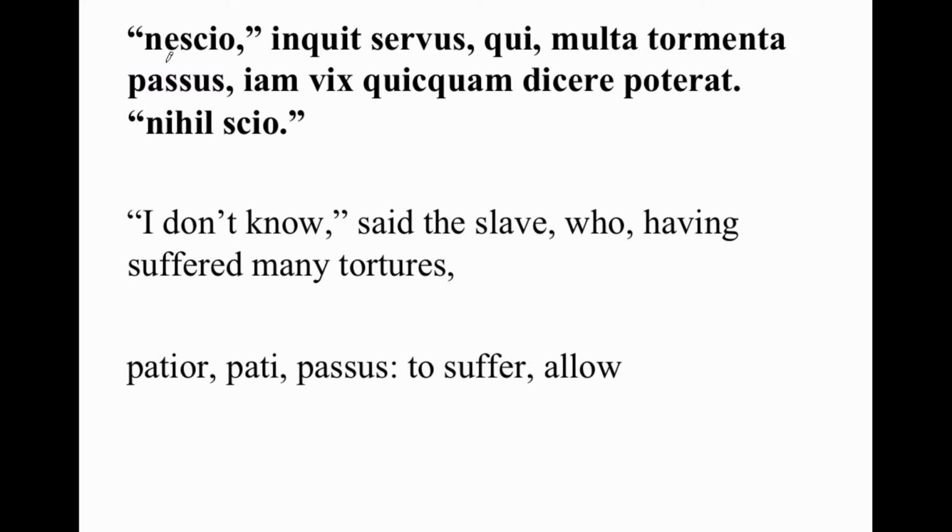So how do we know a deponent verb? Simple. When you look up a verb in the dictionary, if you see something like this, there's three forms, 1, 2, 3, and then you have the definition. Also, look at this. It's an OR.